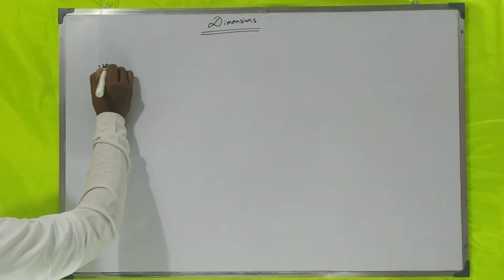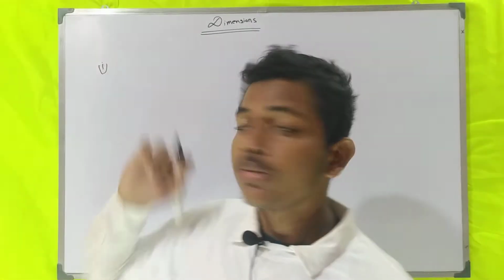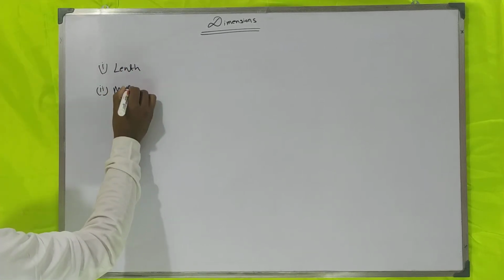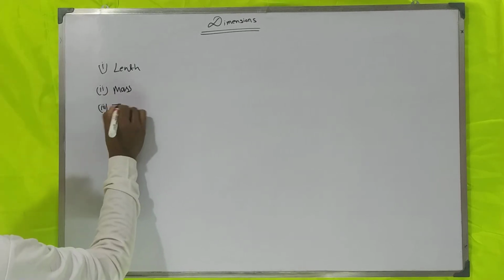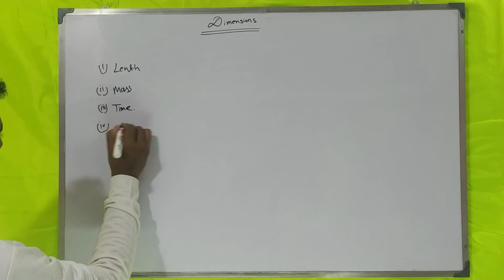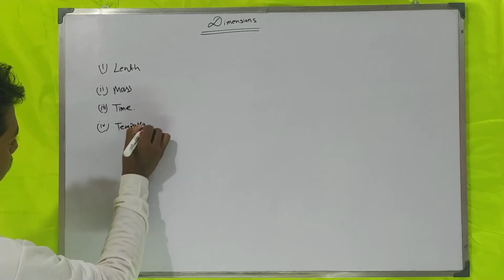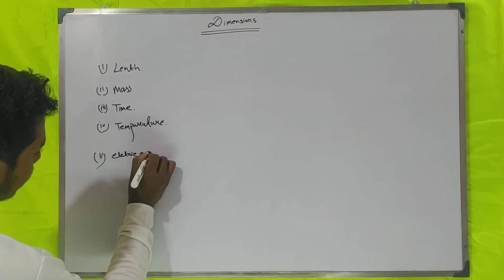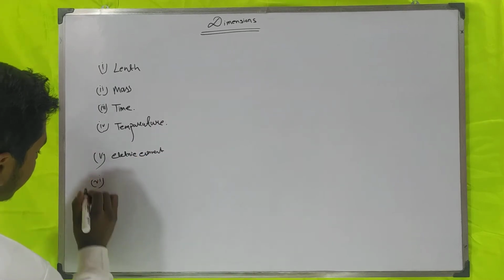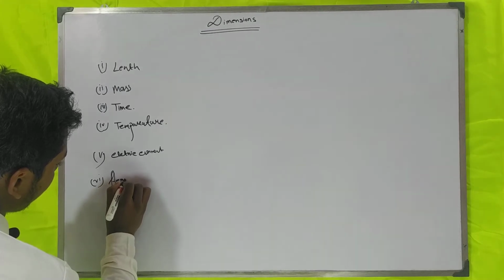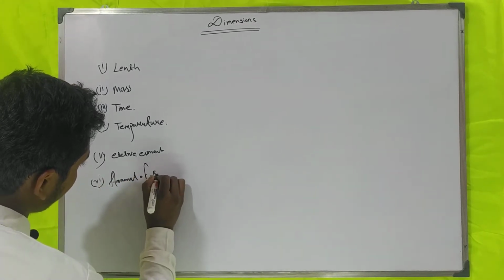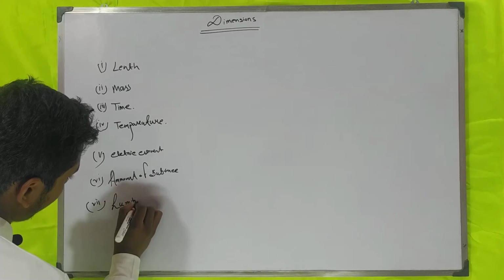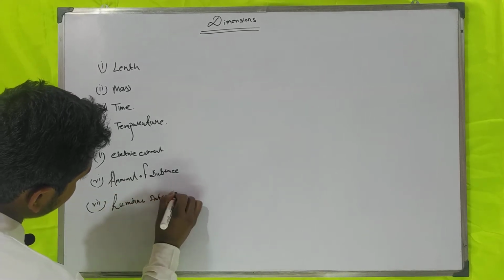Suppose there are 7 fundamental physical quantities, as we know from our previous lecture. First is length, another is mass, the third one is time, fourth is temperature, fifth is electric current, sixth is amount of substance, and the seventh is luminous intensity.